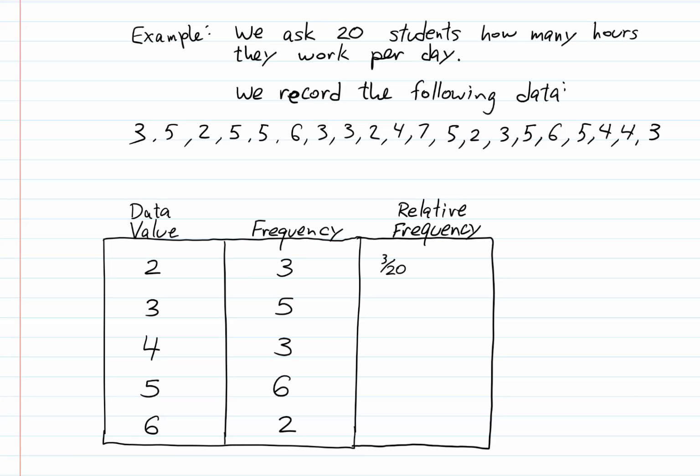For the data value of 3, which had a frequency of 5, I would write 5 out of 20. You see how that works? Basically, it's just the frequency divided by the sample size. That number, for instance 6 out of 20, can be reduced to 3 out of 10, right? But I don't do that because I want to maintain the indication that there were 20 people sampled.